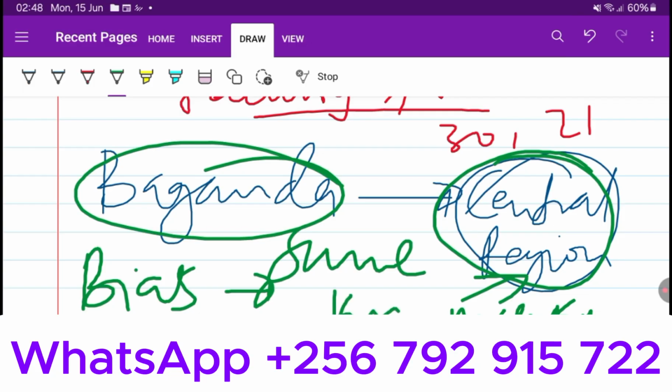They are within the same population but within different regions. So this will be a sample of Masaka, this will be a sample of Kampala, but you ask them the same question and you get different answers.